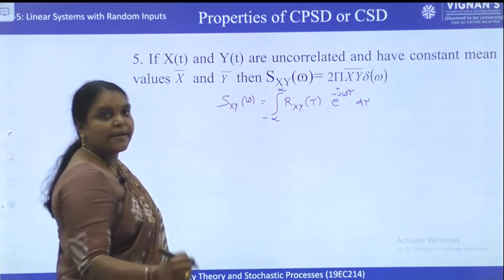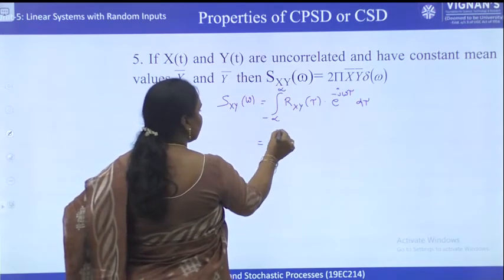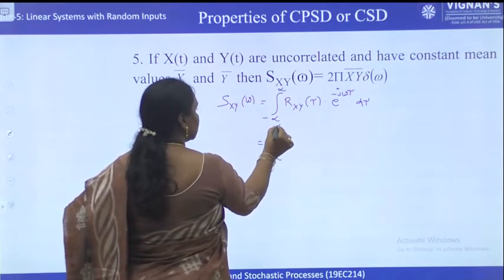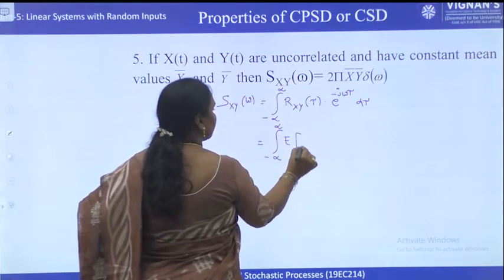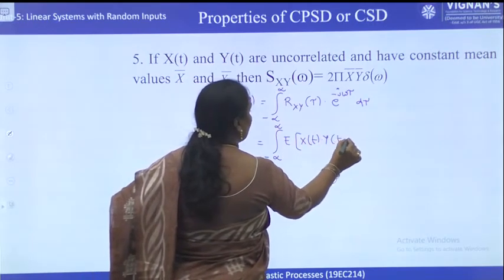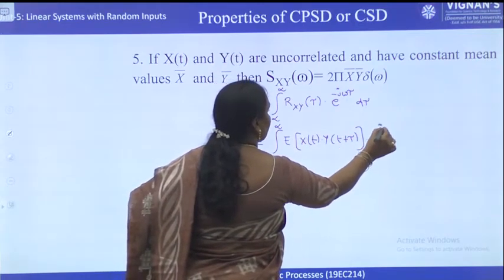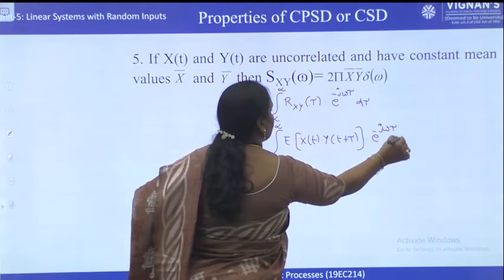Uncorrelated means they are independent. So what is R xy of tau? First, it is expectation of x of t into y of t plus tau, into e power minus j omega tau d tau.